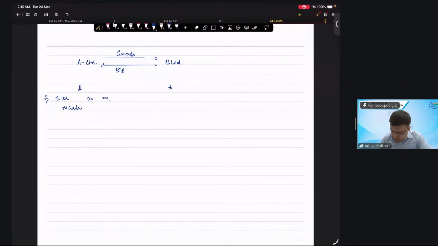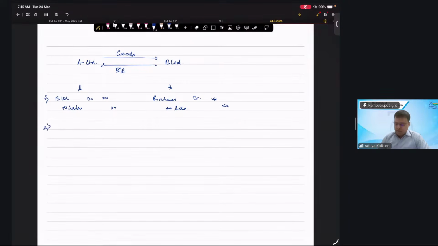Do you agree with this? Yes. And what would B Limited pass? Purchases account debit to A Limited. Are we okay with this? Yes. This is the first entry.